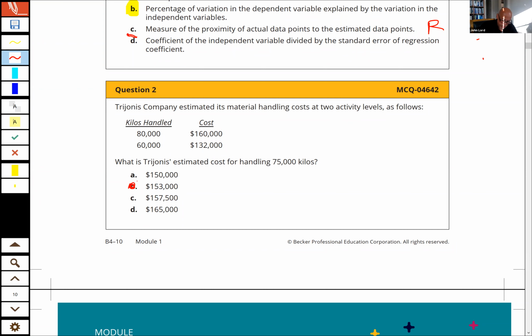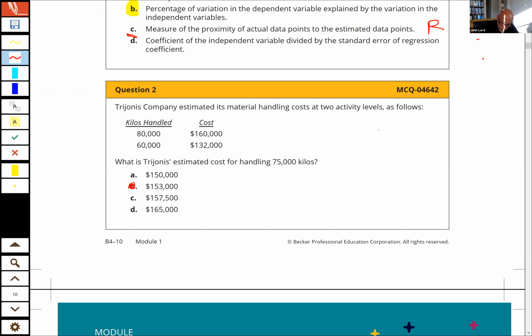Now, what happens? They give me 2 observations, and they ask me to use the high-low method here. I'm going to have to use the high-low method because they've only given me 2 levels of activity to look at.